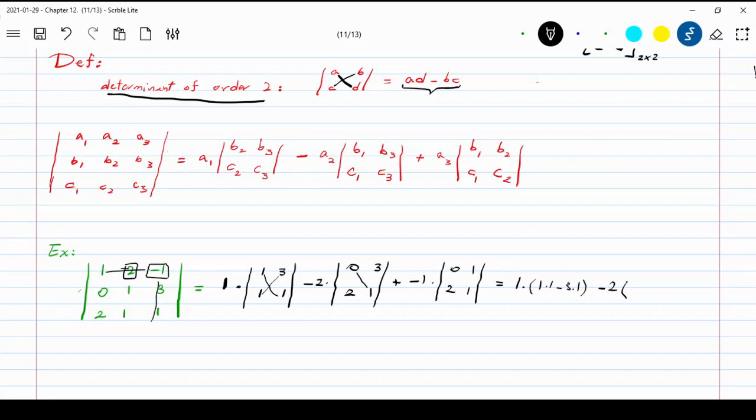So here, 0 times 1 minus 3 times 2. And plus, negative 1 times 0 times 1 minus 1 times 2. There is always subtraction between the multiplication of the diagonals. And now this is just a number.